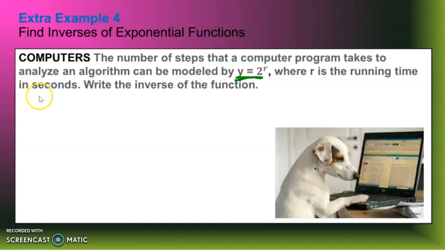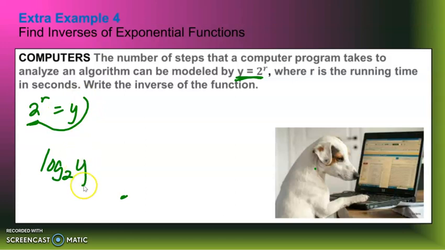So again, if I were to rewrite this as 2 raised to the r equals y, I would start with my base, and I would have log base 2 of y equals my r. That would be in logarithmic form. If I were to solve it differently, I would just switch my x and y around.